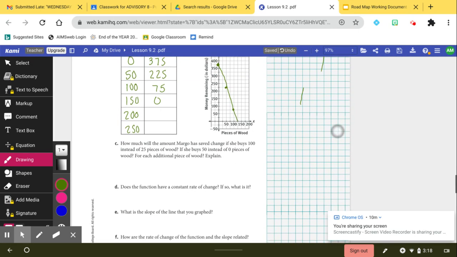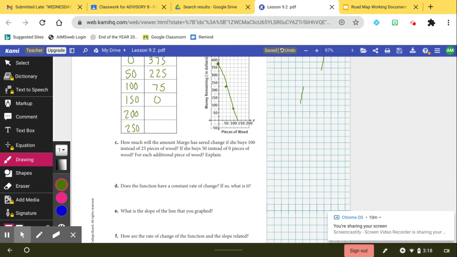So it says, how much will the amount Margot has saved change if she buys 100 pieces of wood instead of 25? Well, if she buys 100 pieces of wood, that's 75. And then if she buys 25, that's 300.